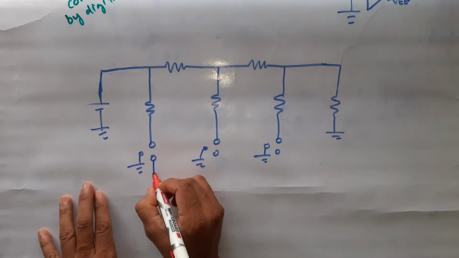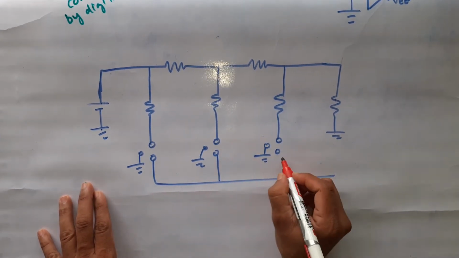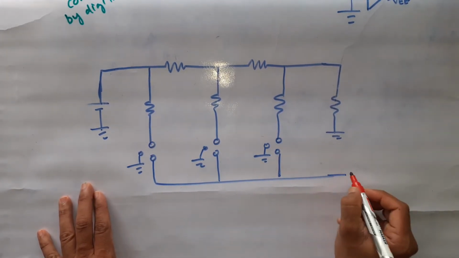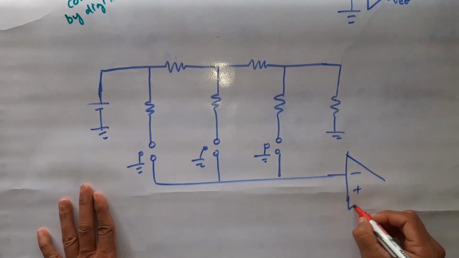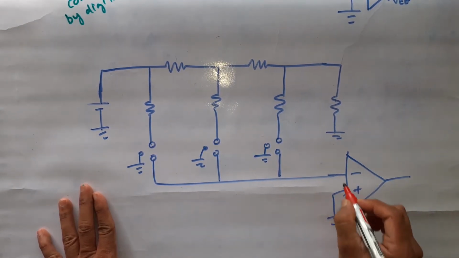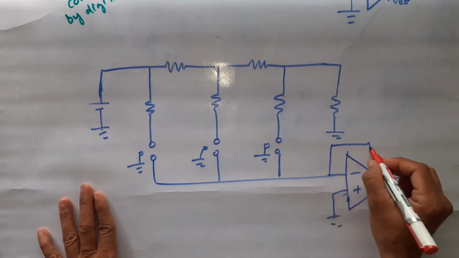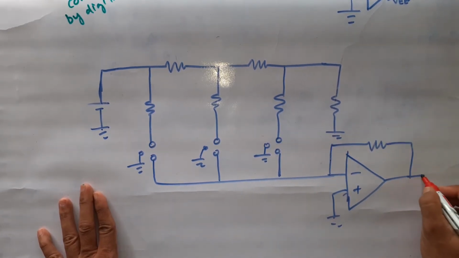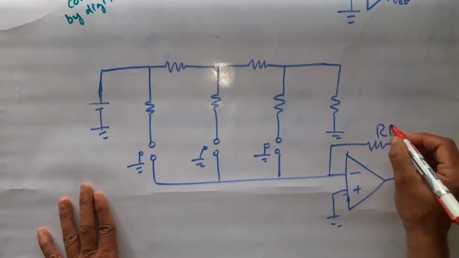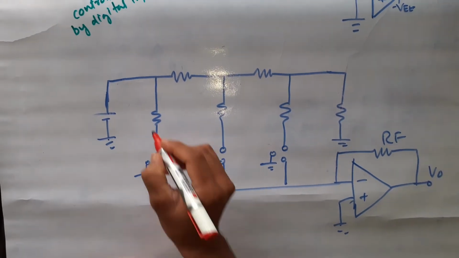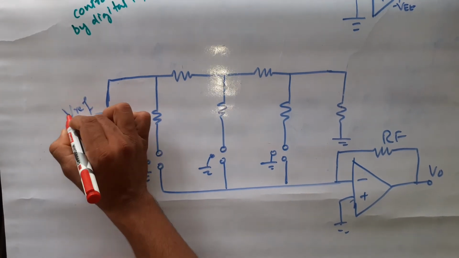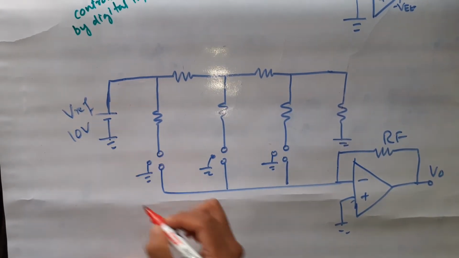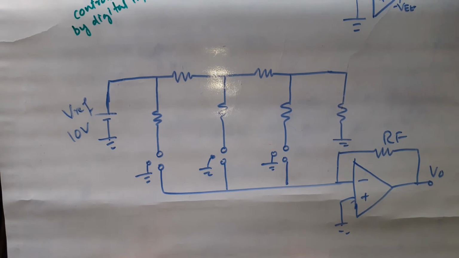This is going straight to your V0 and RF. Suppose the V reference voltage is 10 volts.